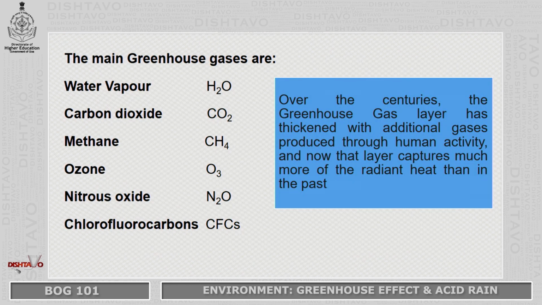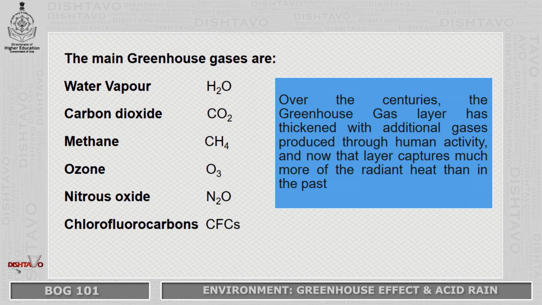Now these are the main greenhouse gases that we have in our atmosphere. We have water vapors, carbon dioxide, methane, and ozone, which is a greenhouse gas in the troposphere, but a protective layer in the stratosphere. So the same gas in two different layers behaves in two different ways.